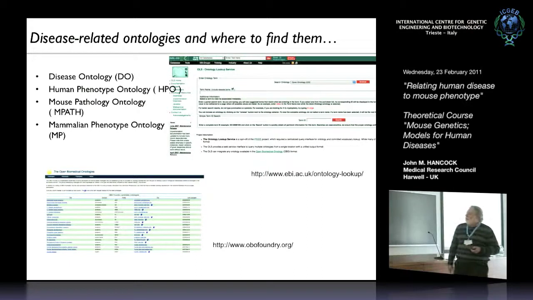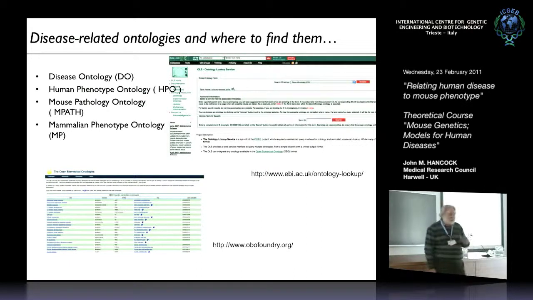There are more ontological descriptions. So there's a couple. There are four ontologies listed here. Two of them are human. So there's something called the disease ontology, which ought to be what we all want. And there's also something called the human phenotype ontology, and I'll tell you a bit about this in a second.